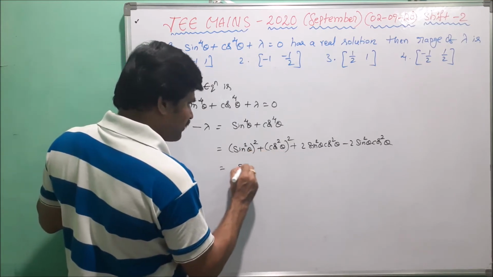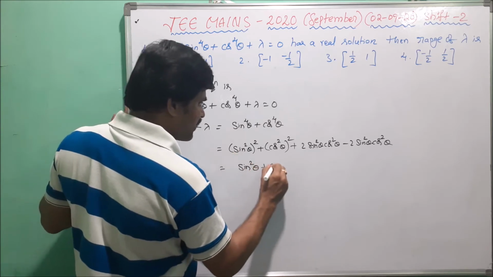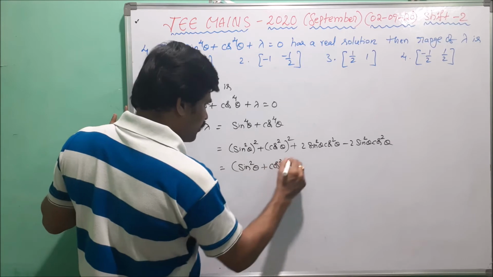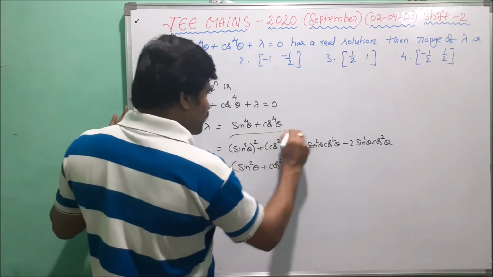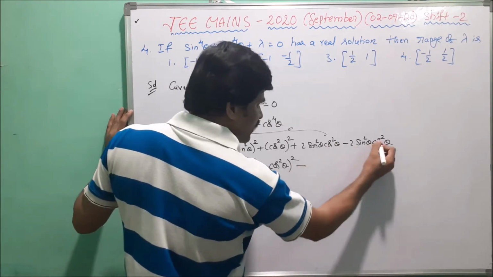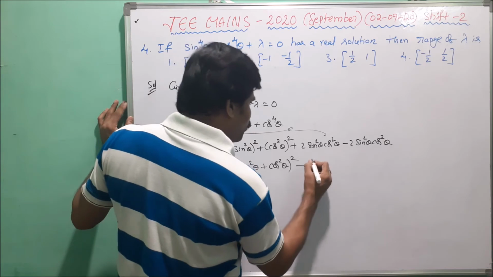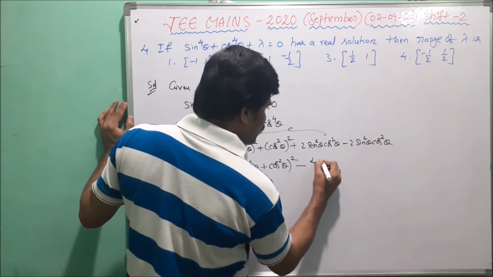Now it can be written as (a plus b) whole square, that is (sin² theta plus cos² theta) whole square. So totally we write (a plus b) whole square. The remaining value is minus 2 sin² theta cos² theta. Here multiply and divide by the number 2. So that is 4 into sin.